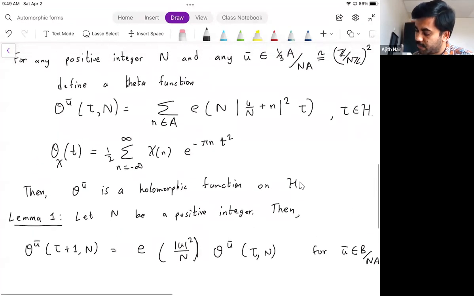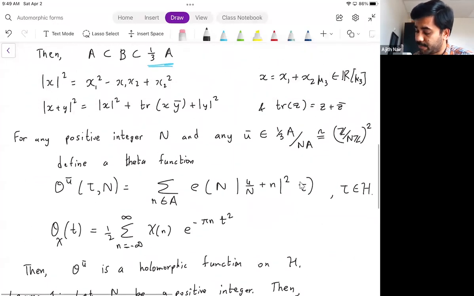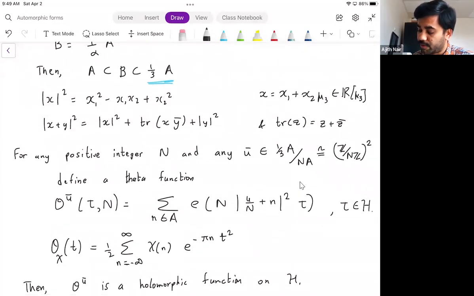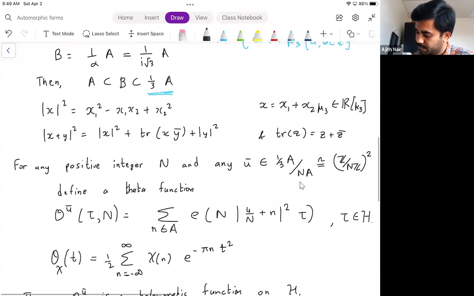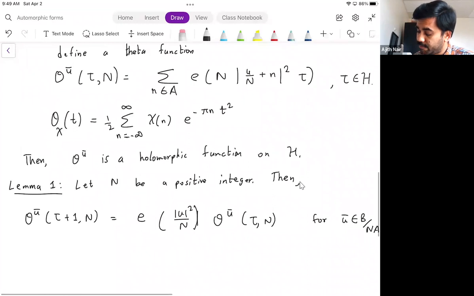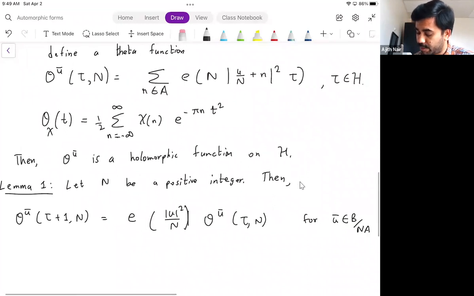So originally u bar was from 1 over 3a mod NA, but 1 over 3a contains B. B is 1 over I square root 3a. So for u bar in B mod NA, we have this property.